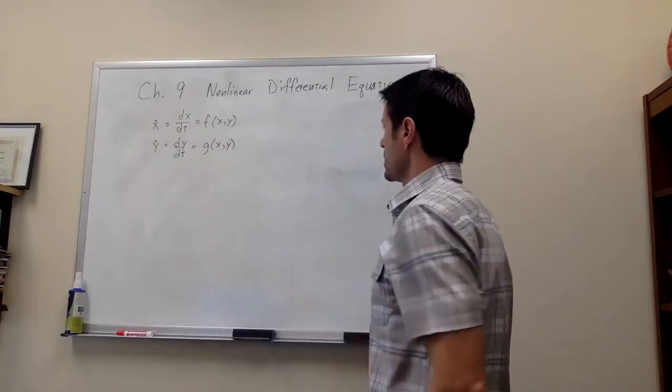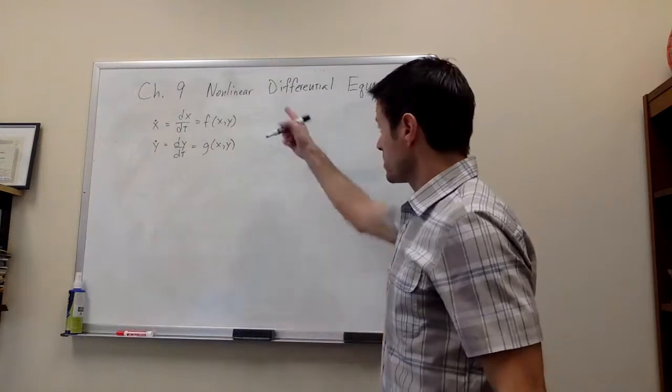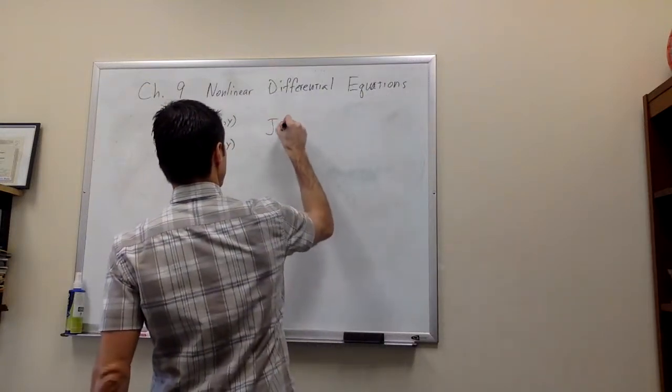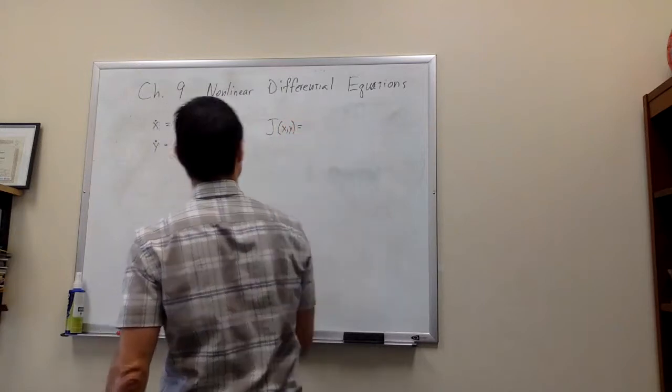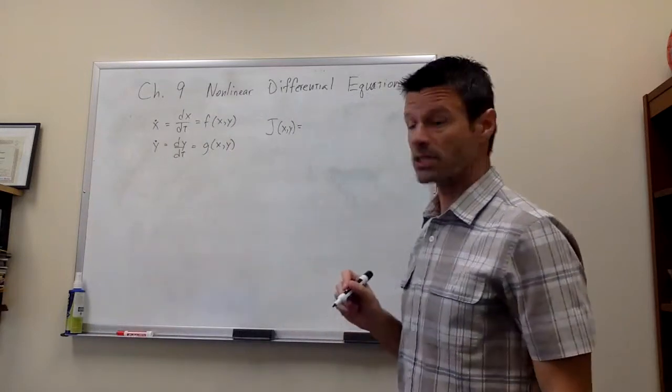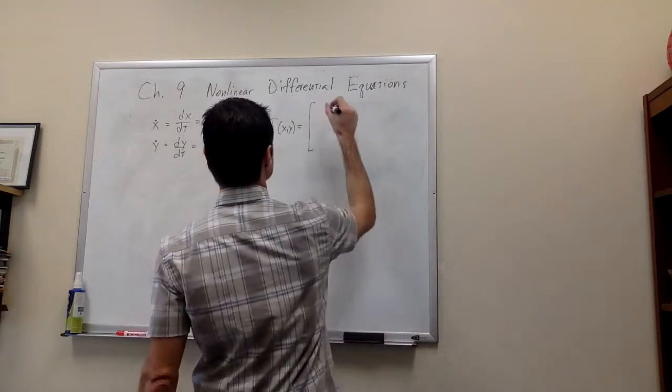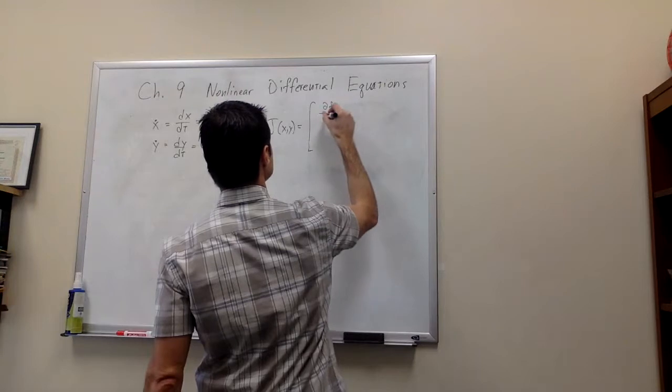If this is the nonlinear system, the Jacobian matrix associated with it is this matrix we're calling J. It's a function of x and y, and it is a 2x2 matrix.